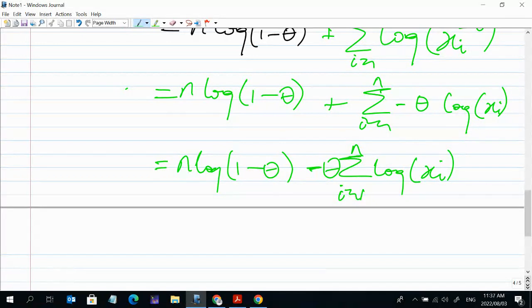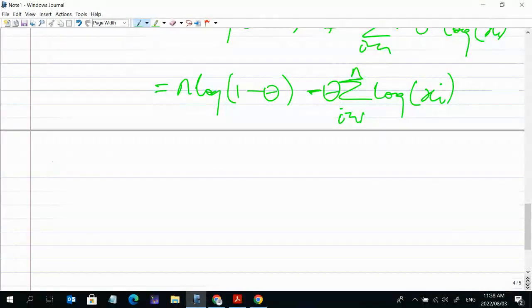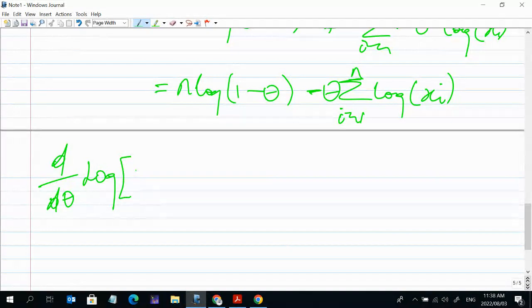As I've indicated, you either differentiate the likelihood function or the natural logarithm of the likelihood function. So now we have the natural logarithm of the likelihood function, and we can differentiate that. If we differentiate with respect to theta the log of the likelihood function, n is a constant multiplied by a function of theta.